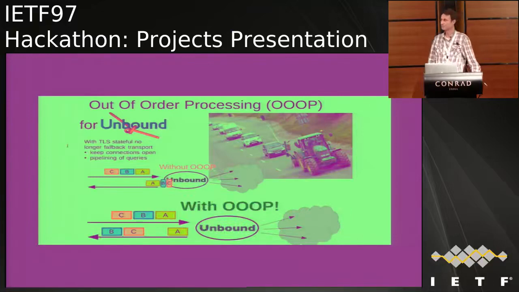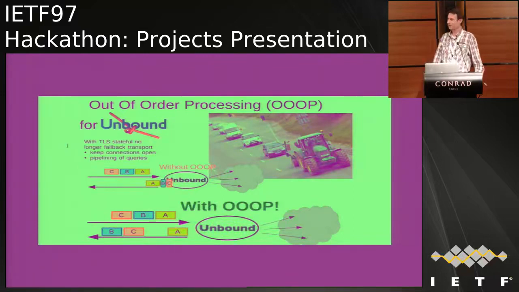And very important, out of order processing of queries over TLS. Previously TLS was kind of a fallback, but with optimizations, it's not a proper fallback mechanism anymore. With optimization, you keep the connection open, you do pipelining.